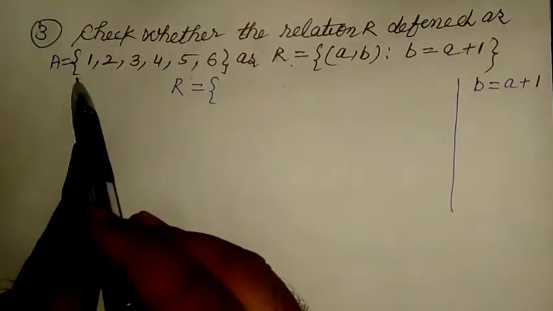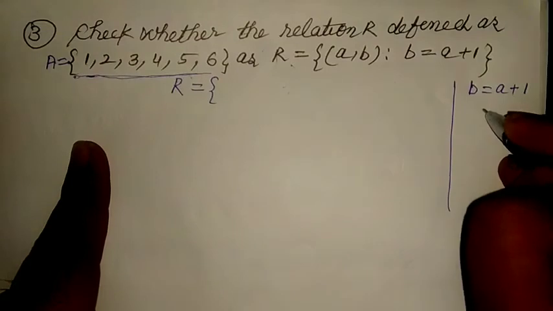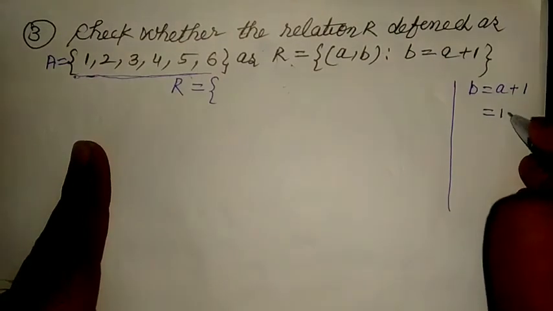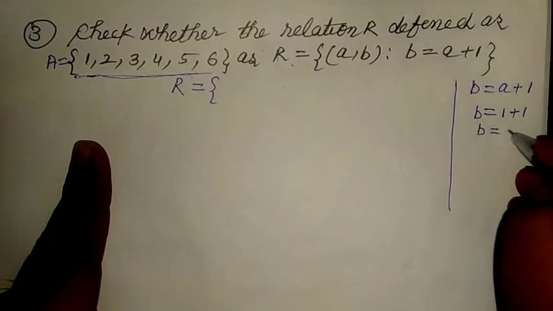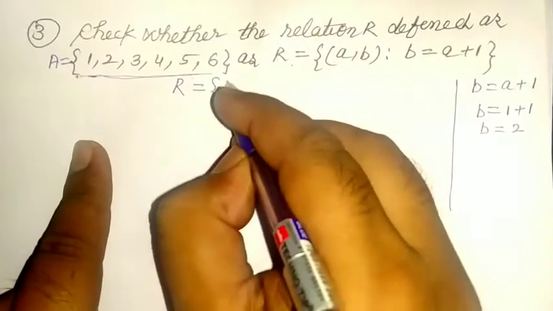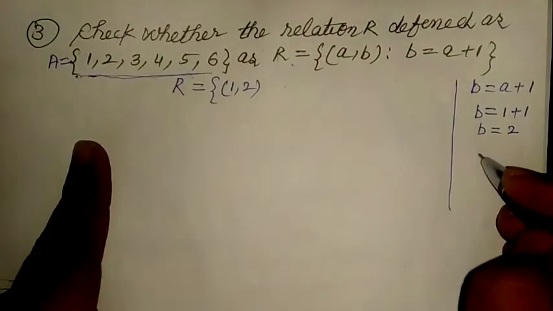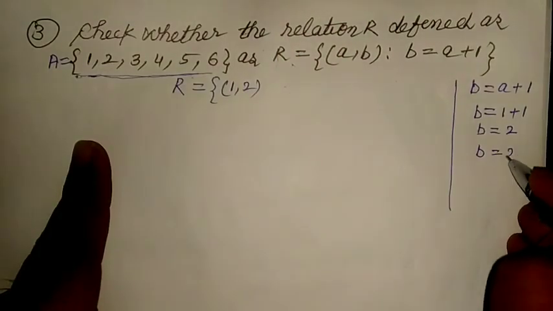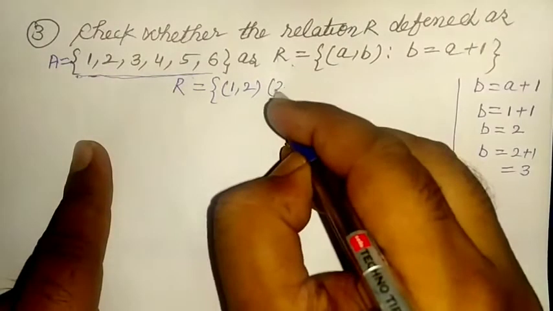Here these are the values of a. First we put 1, so we get b as 2. So (1, 2) we can write here. If we put 2, we will get 3, so (2, 3).